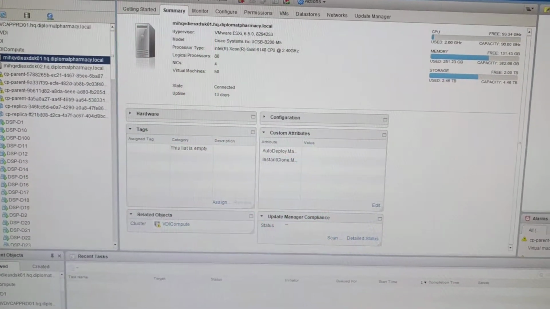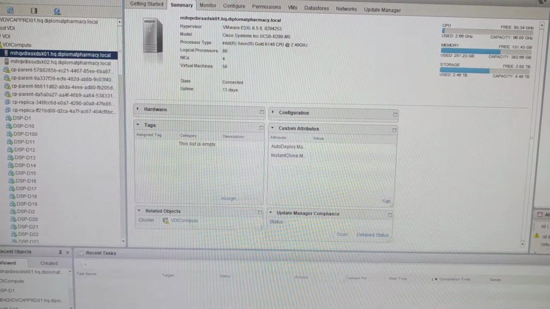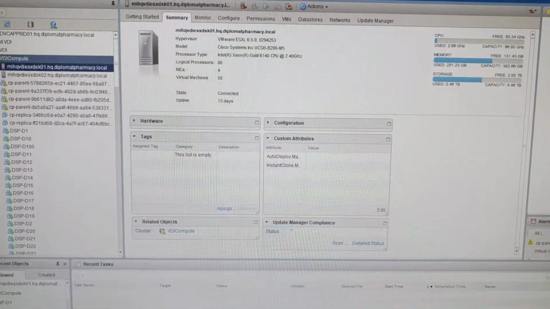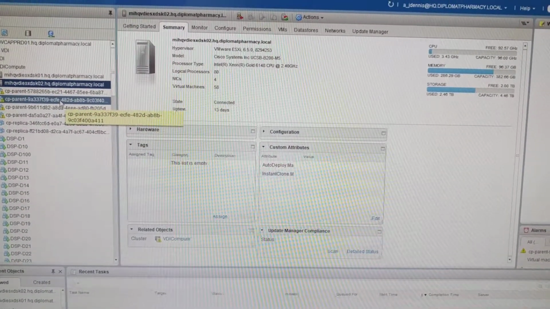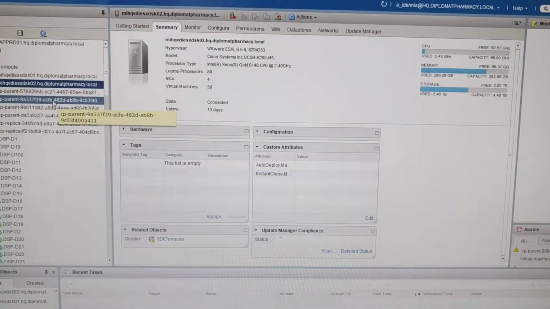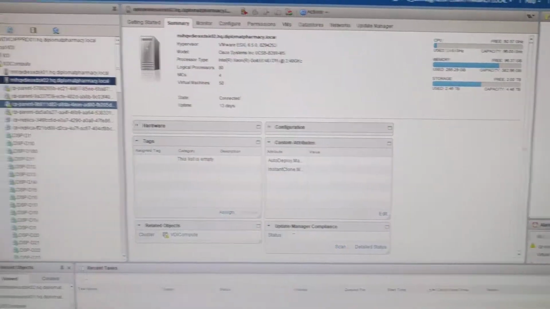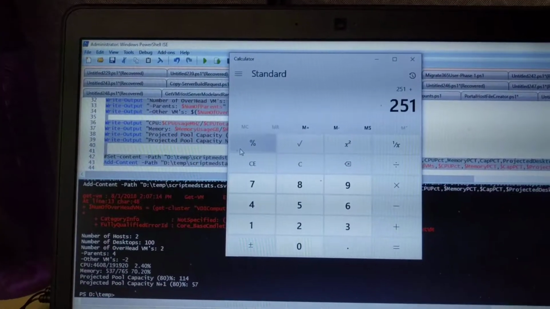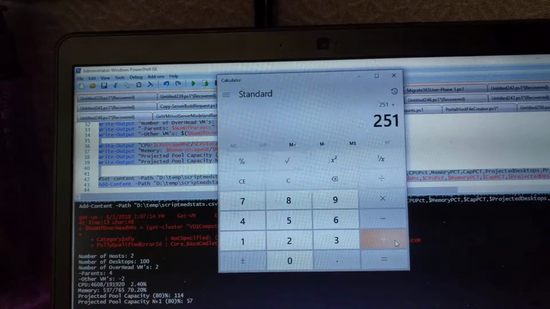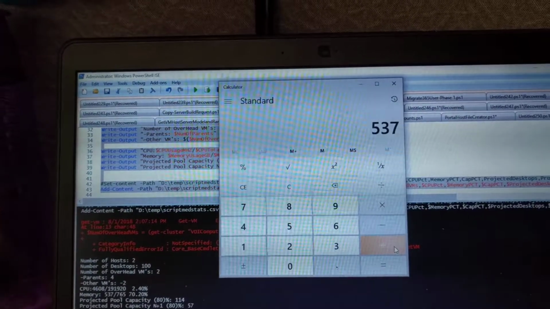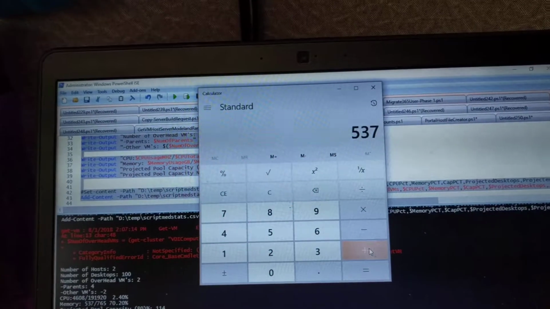Or, I'm sorry, that's 251 gig on the first server. And 286 gig on the second server. So 251 plus 286 equals 537 gig.